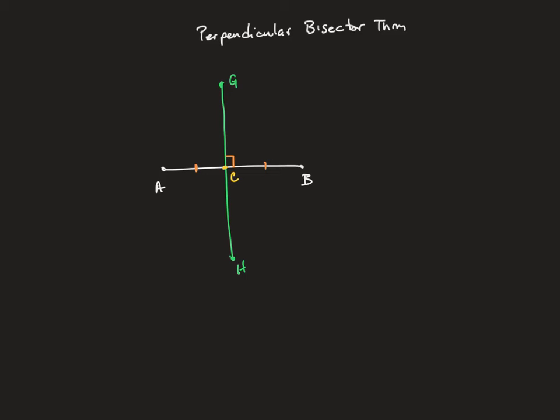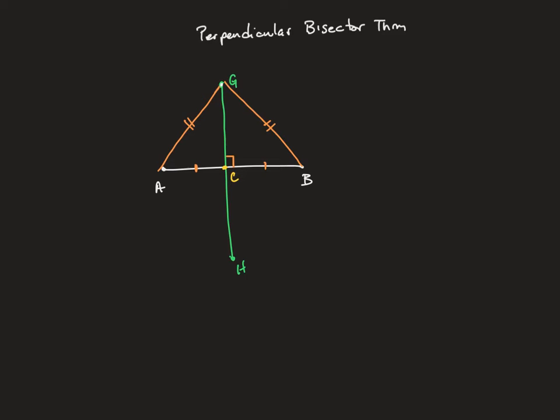In this case, if it's a perpendicular bisector, then point G is equidistant to A and B. So if I were to draw a line from GA to GB, those would be congruent. They're equidistant.